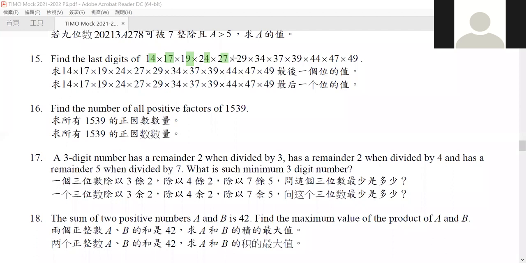So in a certain sense, although it looks like it has 12 different numbers, all it does is repeatedly multiply 4, 7, and 9 four times. So their last digit is the same as multiplying 4 times 7 times 9, four times.